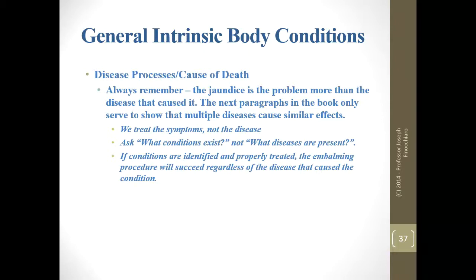We don't particularly care about the hepatitis because we have to assume they have hepatitis anyways. We treat the jaundice. Jaundice will always be the problem: the yellowing and the discoloration that results upon the reaction in the acidic environment, rather than the fact they have hepatitis. If conditions are identified and properly treated, the embalming procedure will succeed regardless of the disease that caused the condition.